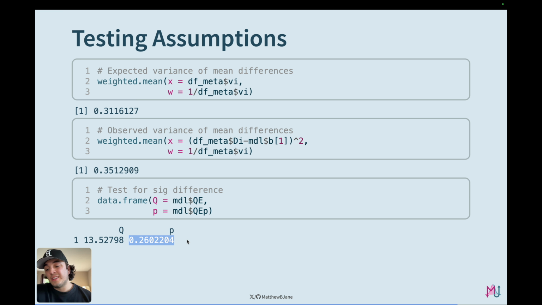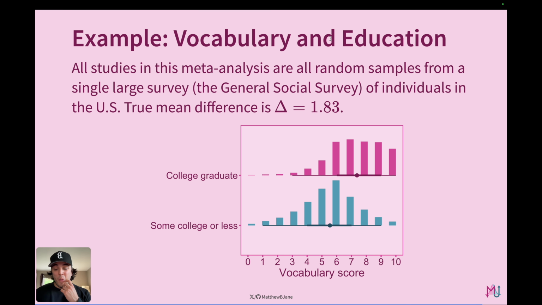Now if it's not significant, that doesn't necessarily mean there's no heterogeneity, although I do know that this data set doesn't have heterogeneity because I constructed it in that way. But it is important to do this Q-test just to test your assumptions about the equal effects model. So what I did to create this meta-analytic data set was I pretty much just took 12 random samples from the General Social Survey, which was a way to make sure that there was no heterogeneity.